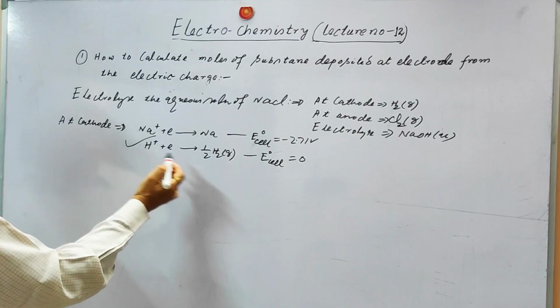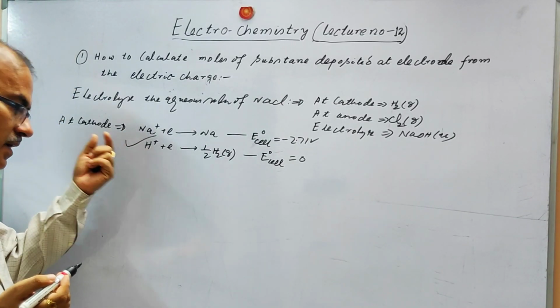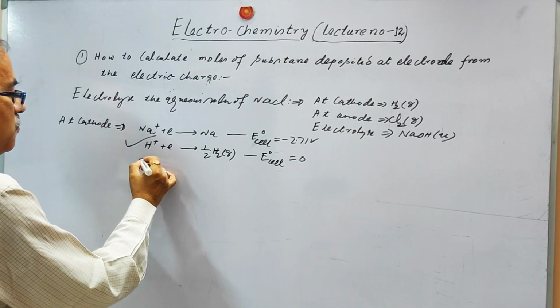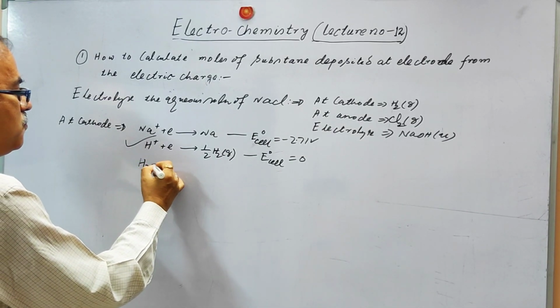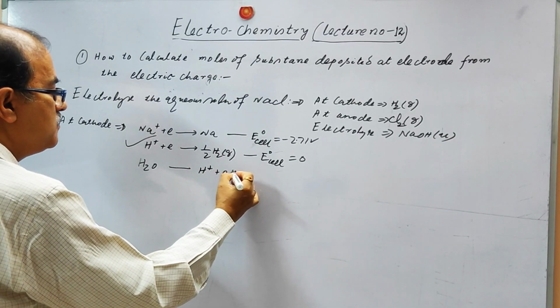How can we write this reaction? Because the hydrogen ion is coming from the dissociation of H2O, we can write H2O is equal to H+ plus OH-.